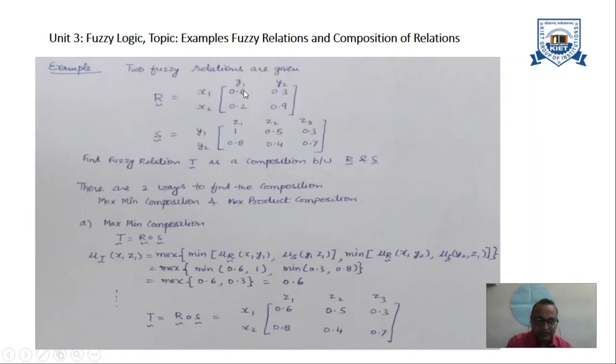Keep in mind that the first way's value is 0.6. Now via Y2, the value from X1 to Y2 is 0.3, and from Y2 to Z1 the value is 0.8. We take the minimum one, which is 0.3. Out of these two paths, we choose the maximum one, and the maximum is 0.6.